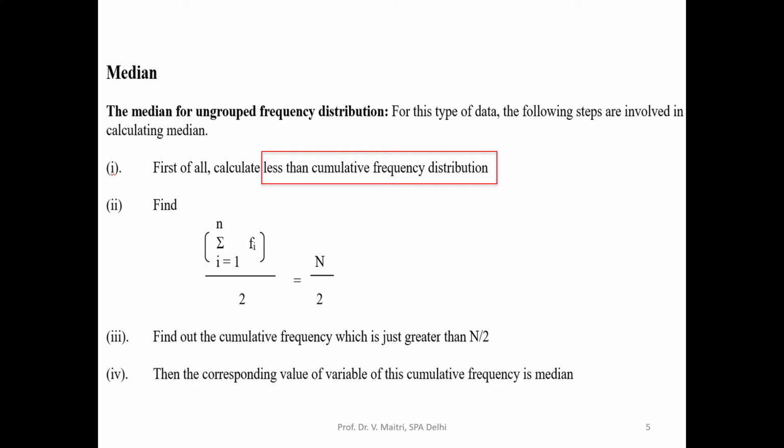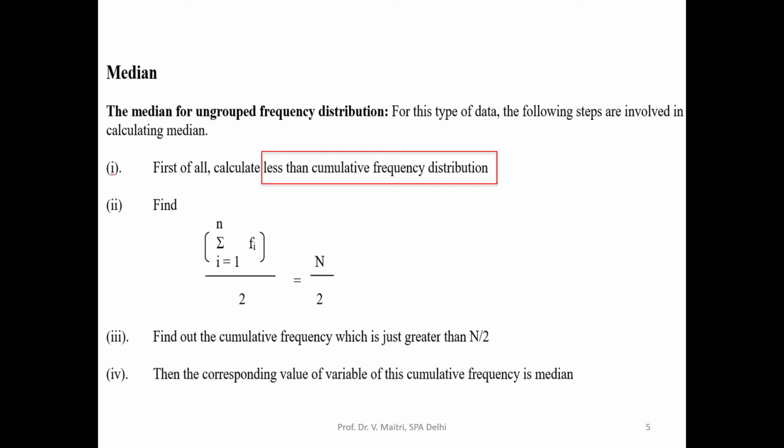Now for an ungrouped frequency distribution, how to compute the median? For this type of data, first of all we have to calculate the less than cumulative frequency. Once we calculate it, we have to find out N by 2. Capital N is nothing but the sum of frequencies. Mind it, we are talking about ungrouped frequency distributions.